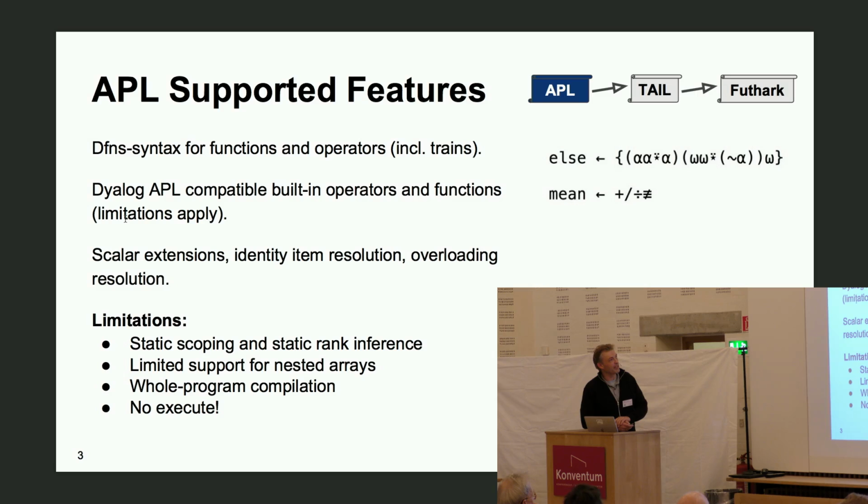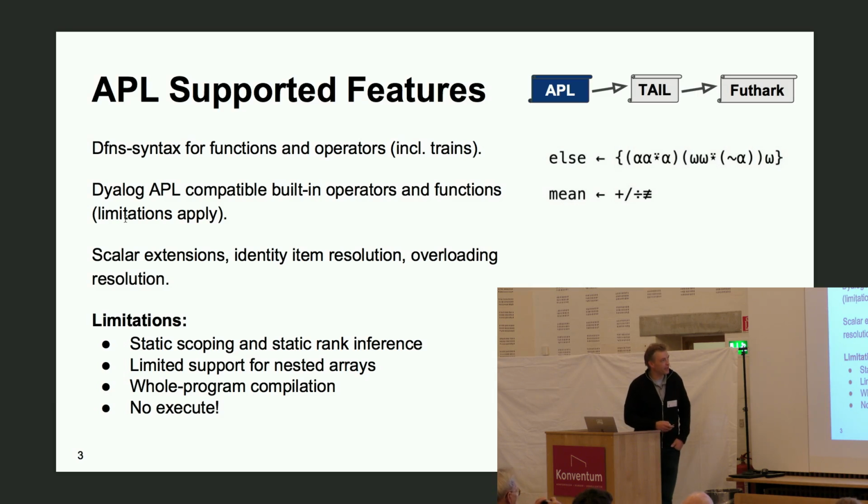That means that you can write up things like an else operator here. You can use trains also to write the mean in this style. And we also support various kinds of scalar extensions, identity item resolution, overloading resolution, and so on.